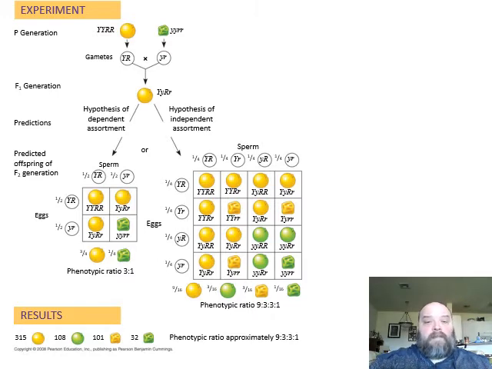What we find, though, is it gets a bit more extensive when you're looking at multiple genes. So when you look at big Y, big Y, big R, big R, why do we say there are 4 possible outcomes? Well, let me show you.